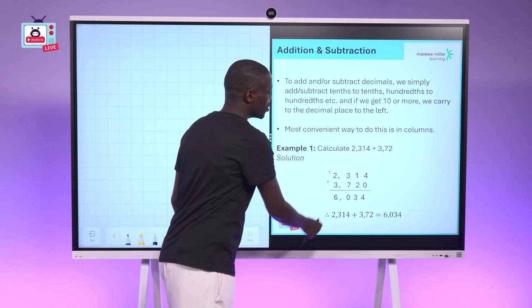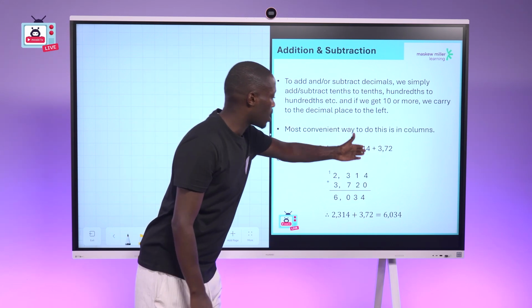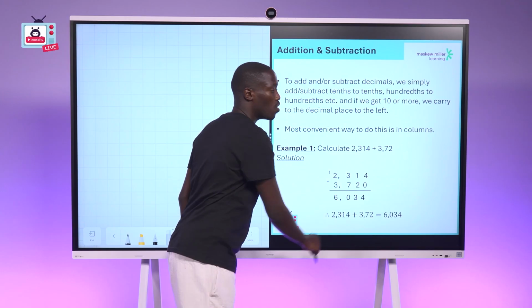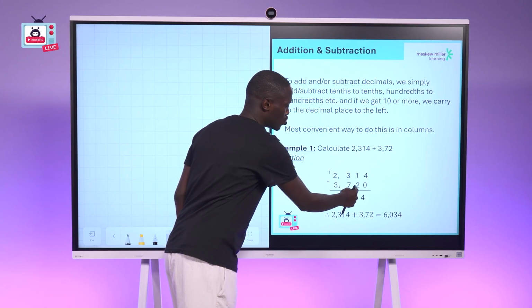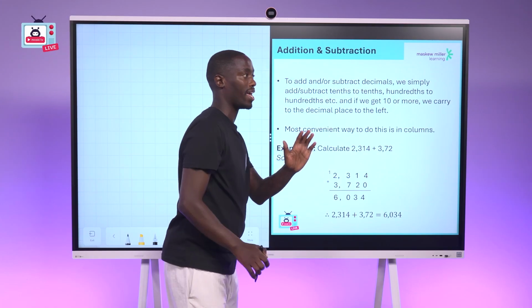Here's my column. It's 2,314 plus 3,720. There you add the thousandths together. 4 plus 0 gives you 4. 1 plus 2 gives you 3. And 3 plus 7 gives you 10.